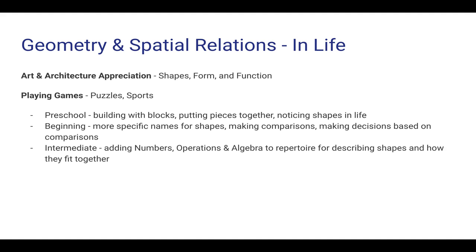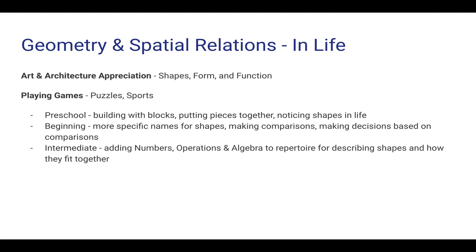Intermediate learners, this is where we start adding numbers and operations in algebra to their repertoire for describing shapes and how they fit together. And it's good to use those words when we talk about it. Let's add these 2 squares together to make a rectangle, right? Things like that.